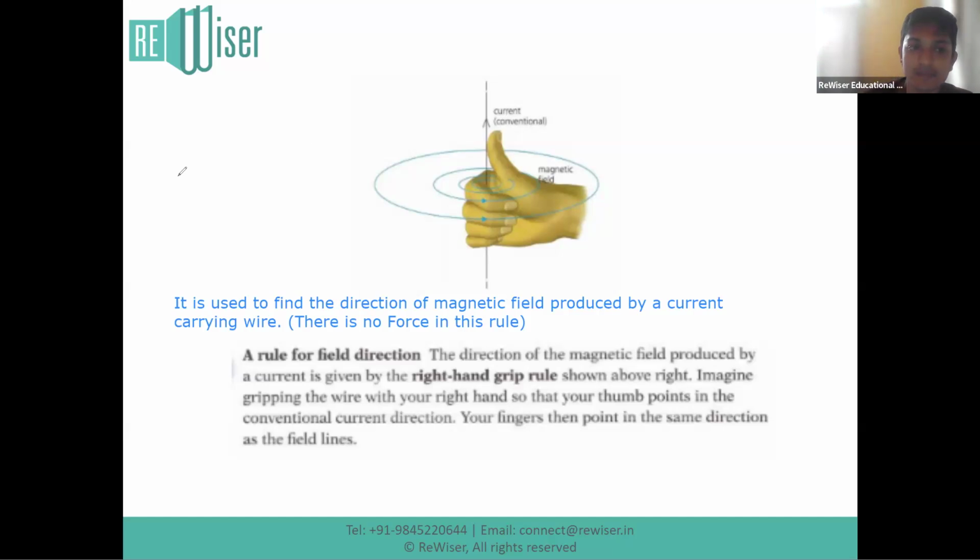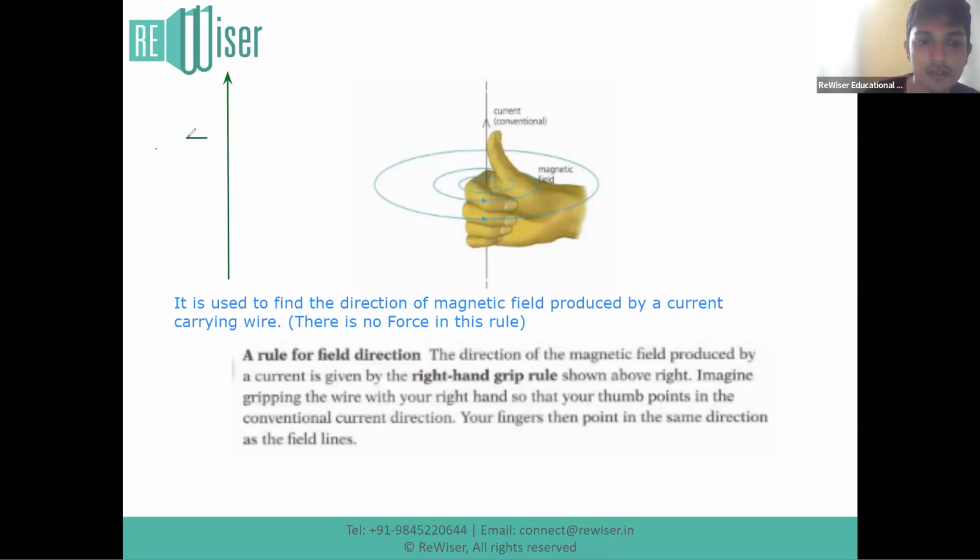I'll explain the rule again in a different way. So if this arrow mark indicates the direction of current flowing through a wire, and if I hold my thumb in this upward direction, then you will notice that as I look at it, my fingers appear to curl around this wire in an anti-clockwise direction. So that is exactly how the magnetic field pattern is around this wire.